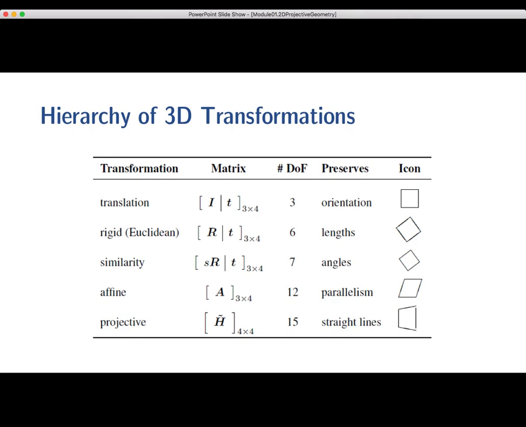And then the general transform in P3 is projective, which is a 4 by 4 matrix. Instead of 16, it has 15 degrees of freedom because it's a projective equation, it's a homogeneous equation. And the fundamental property of a projective transform is that straight lines will remain straight lines. Straightness of a line is preserved under projectivity.